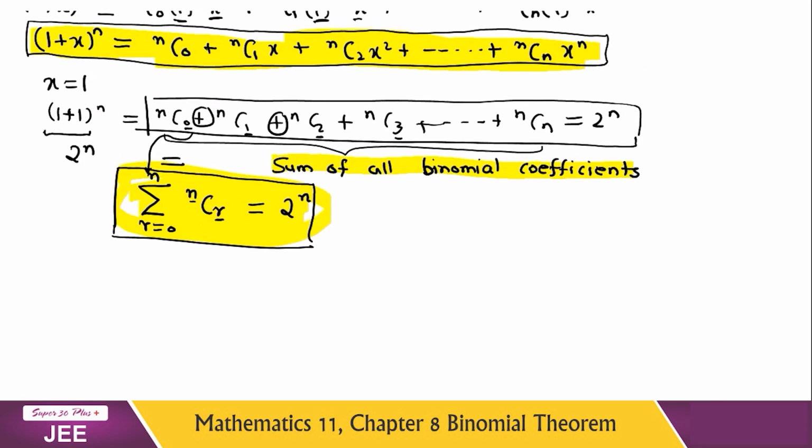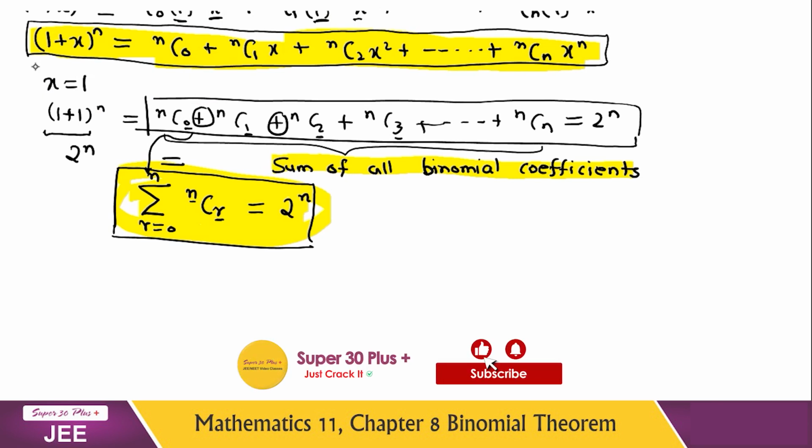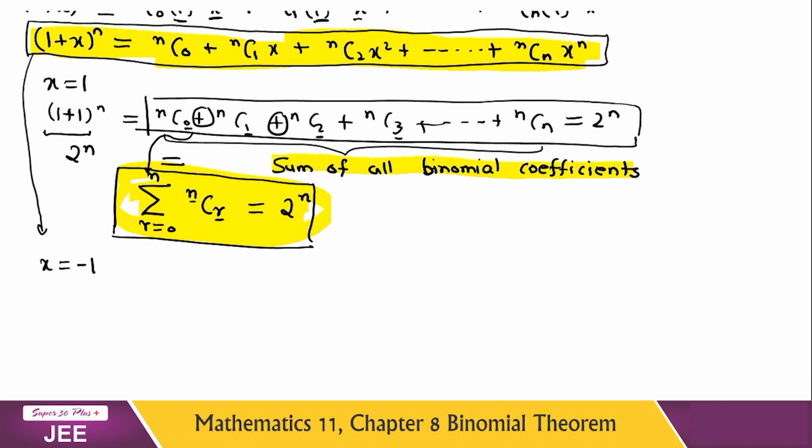Let's see, if now I substitute x equals -1, in place of x if we put -1, then LHS will be (1 - 1)^n, which will be 0, and RHS is going to be nC0 - nC1 + nC2 - nC3 and so on till (-1)^n nCn.